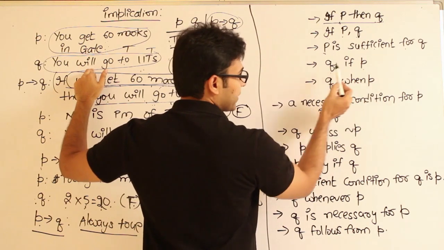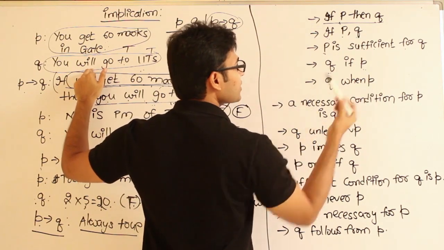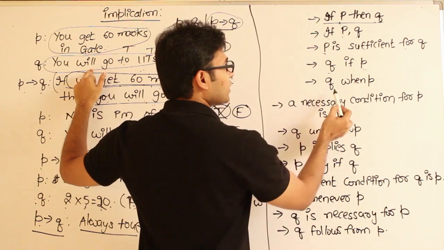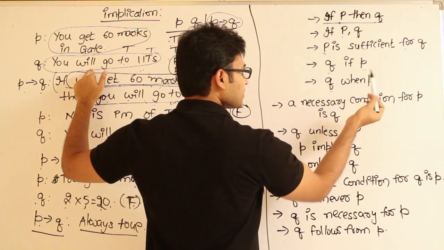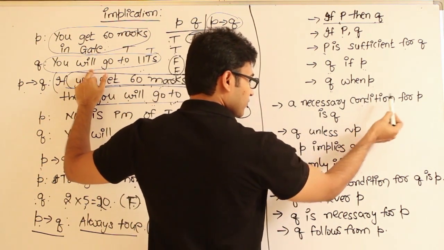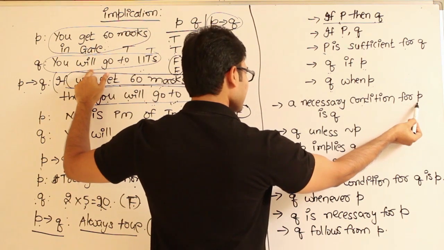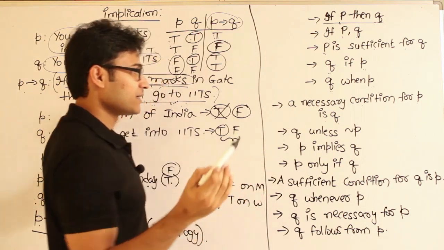Q if P: you will get into IITs if you get 60 marks in GATE. Q when P: you will get into IITs when you get 60 marks in GATE. A necessary condition for getting 60 marks in GATE is going into IITs. It does not make sense.